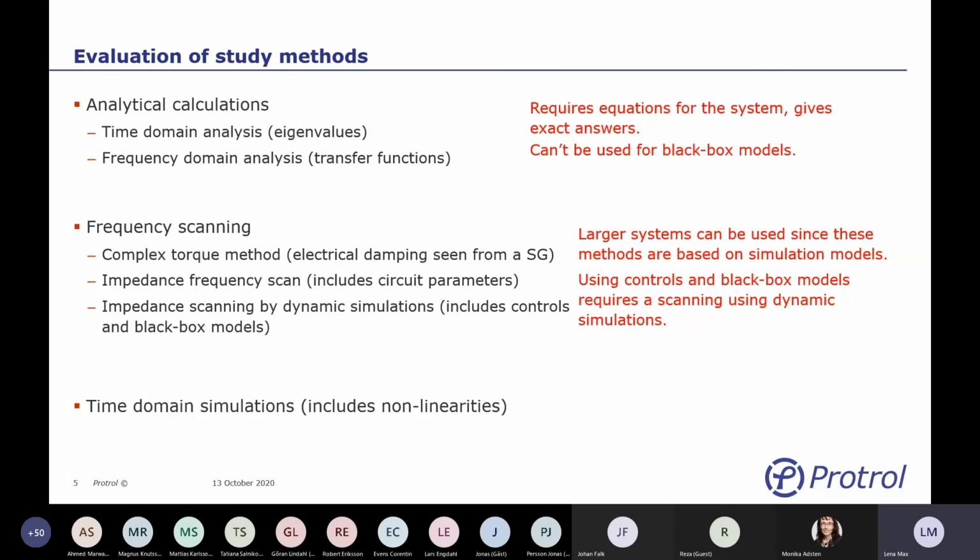Both analytical calculations and frequency scanning can indicate the risk of subsynchronous oscillation. But time domain simulations should also be used to verify the results of the other study methods. These time domain simulations also include non-linearities of the model, which the other methods don't.